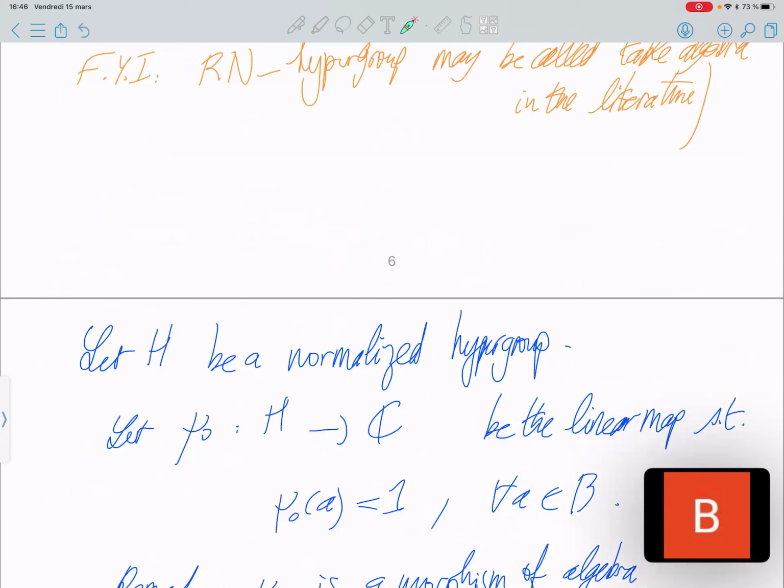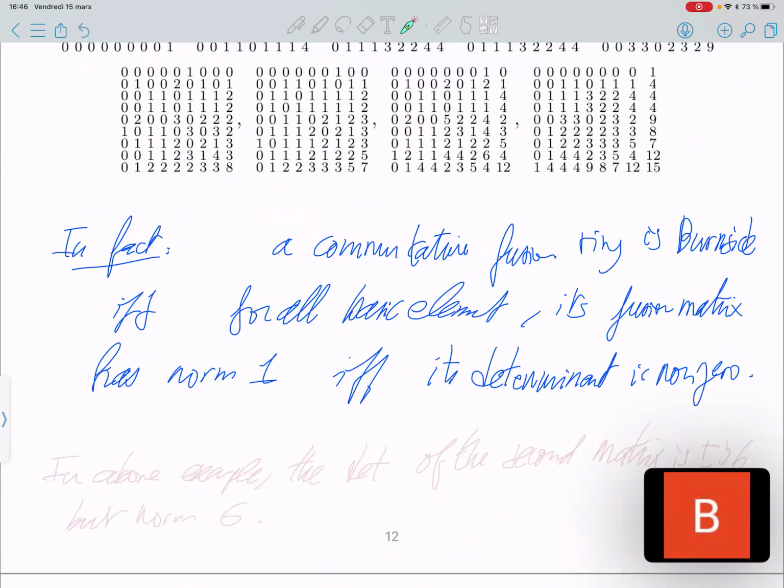So you get something which is really funny here: a commutative fusion ring is Burnside if and only if for all basic elements its fusion matrix is invertible, if and only if it corresponds to a group-like element of norm 1.